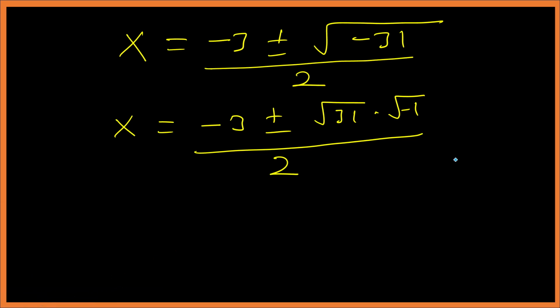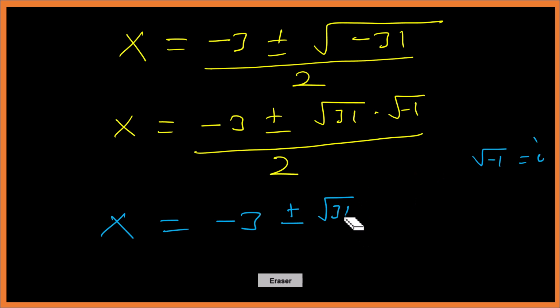From complex numbers, the square root of minus 1 is the same as i. So we have x equals minus 3 plus or minus square root of 31 i, over 2.